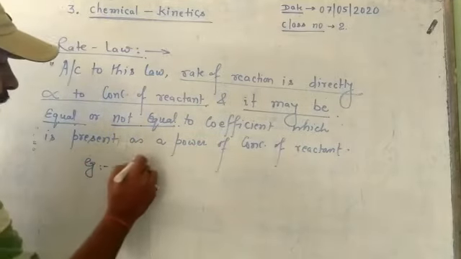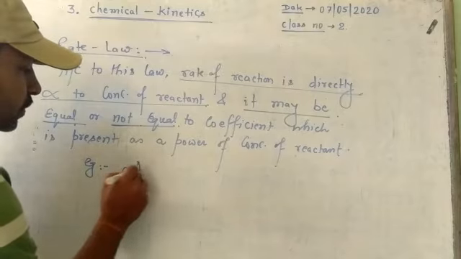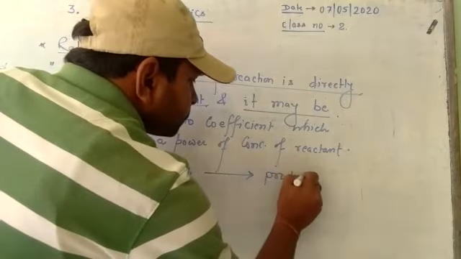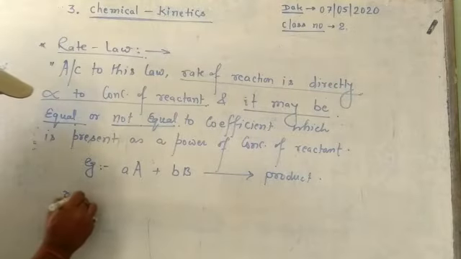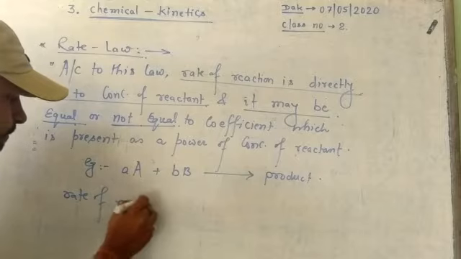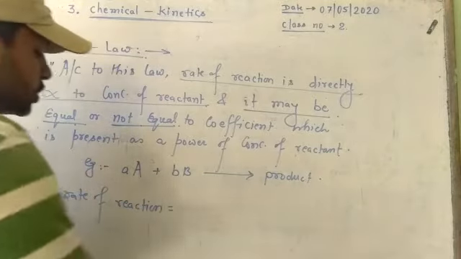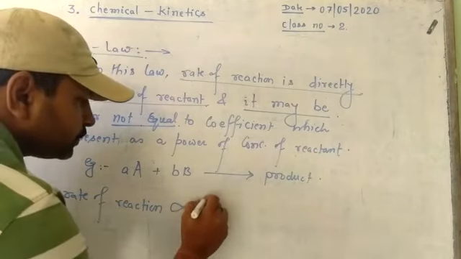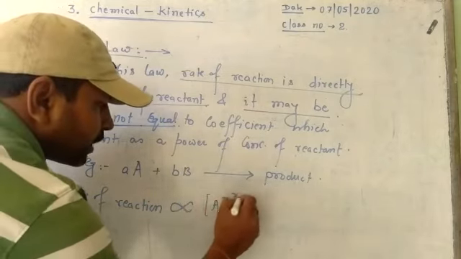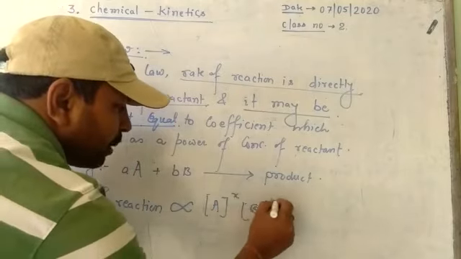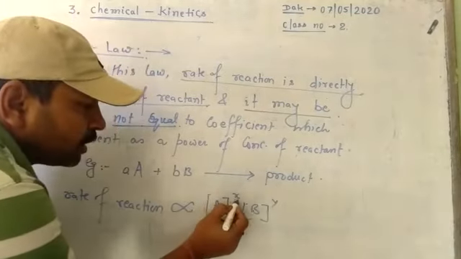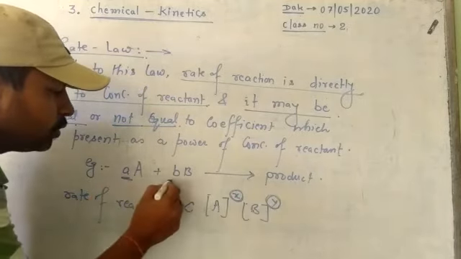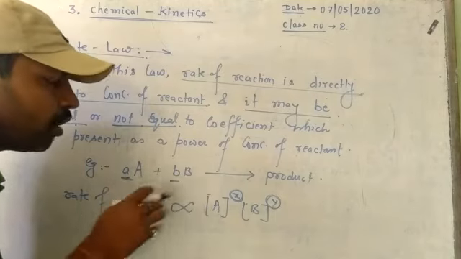Now students, if we take a reaction, rate of reaction is directly proportional to A to the power x, B to the power y. Here, students, x and y may be equal to small a and b or may not.